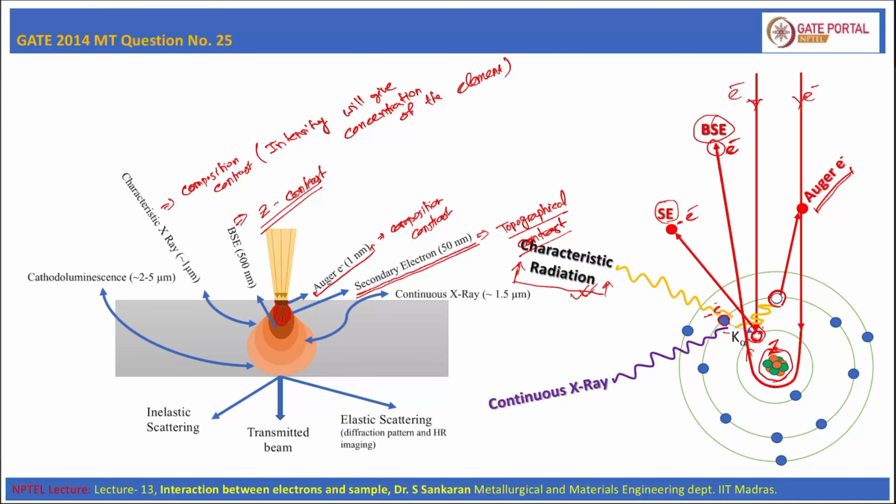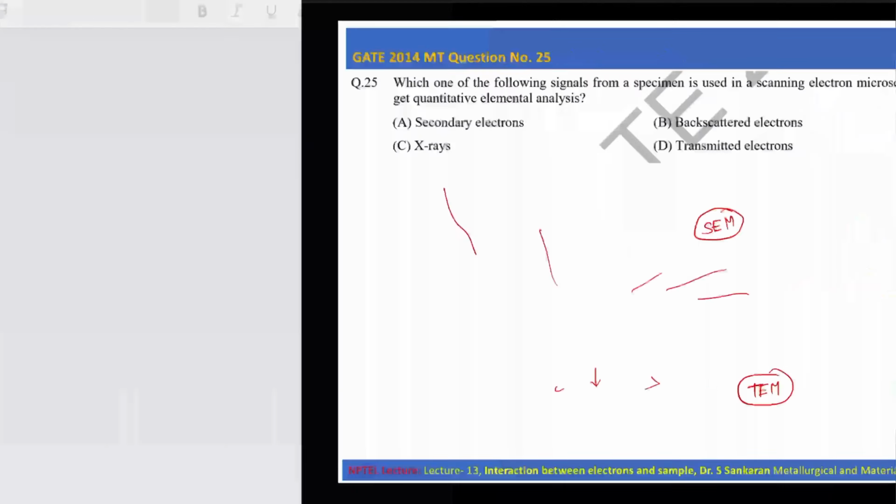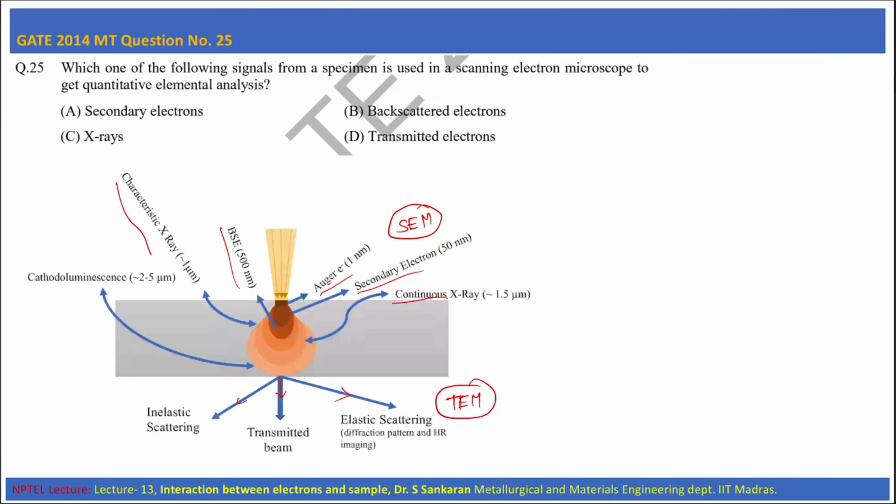So now let's go back to the question. The question was: which of the following signals is used in a scanning electron microscope to get a quantitative elemental analysis?